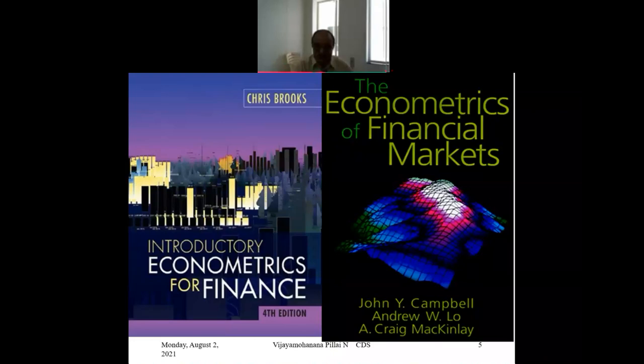I think some earlier or even the fourth edition copy of Chris Brooks is available on Google, so you can try that. Then there is another book by Campbell, Lo and MacKinlay. This also is a very famous textbook, The Econometrics of Financial Markets.